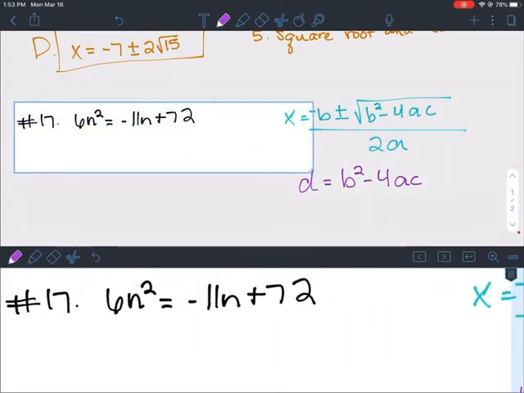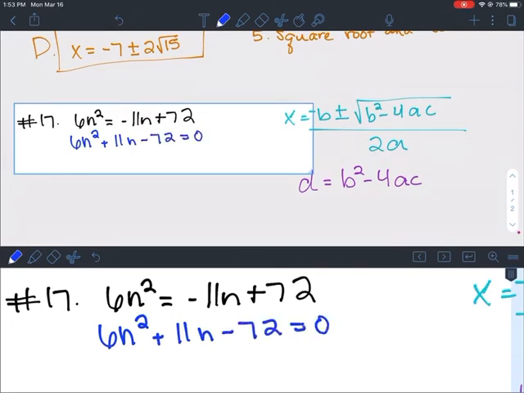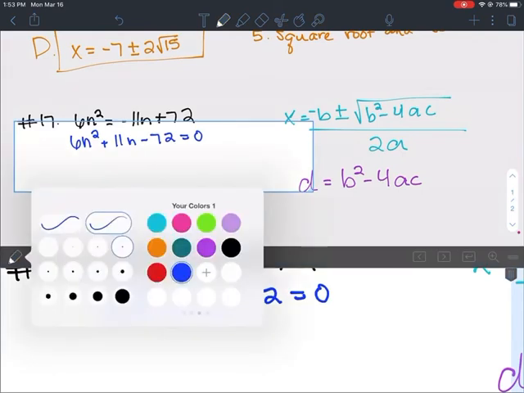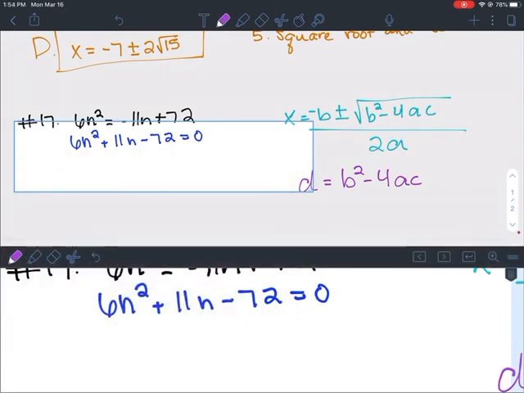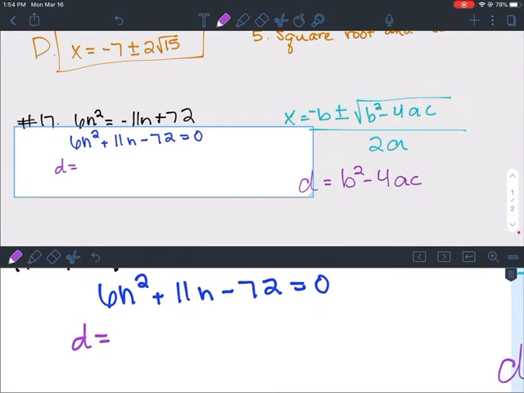So if we look at this problem up here, let's find the discriminant of it first. Well, in order to do that, we do need to rearrange some things. So when we do that, we're going to move that 11n over and subtract the 72 from both sides. And then we can keep solving. So if we wanted to find the discriminant, we're going to do b squared.